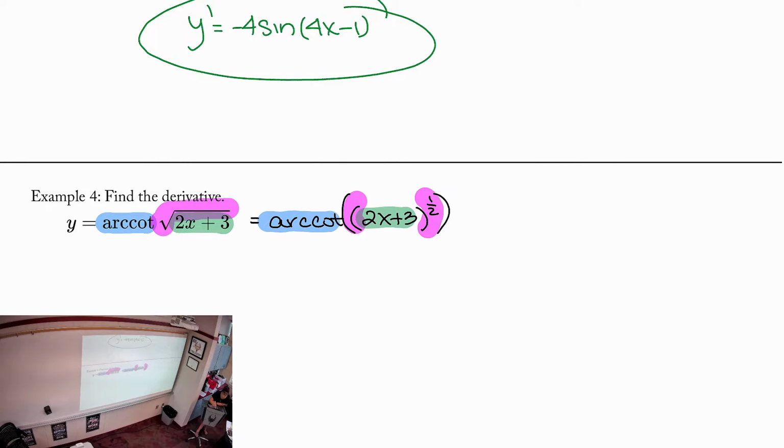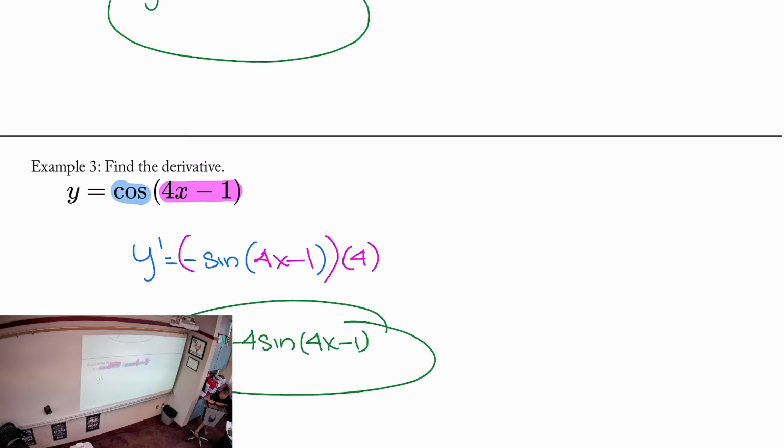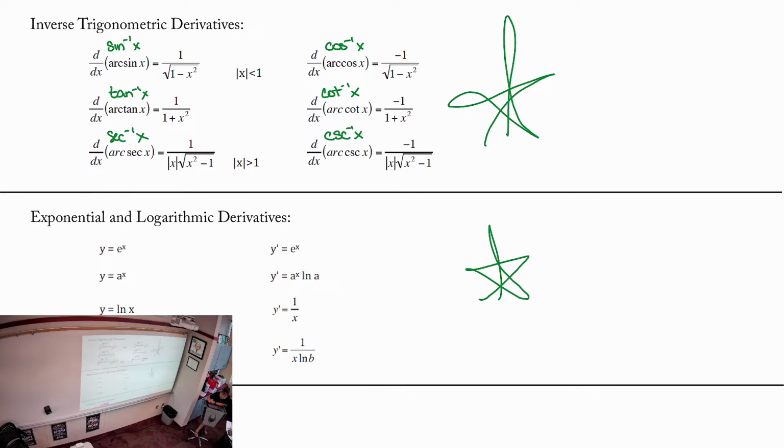Okay, so derivative of arc cotangent is something that you don't remember yet, so you have to scroll back up. It's negative 1 over 1 plus x squared.